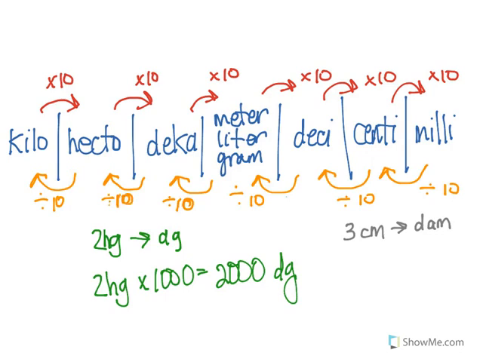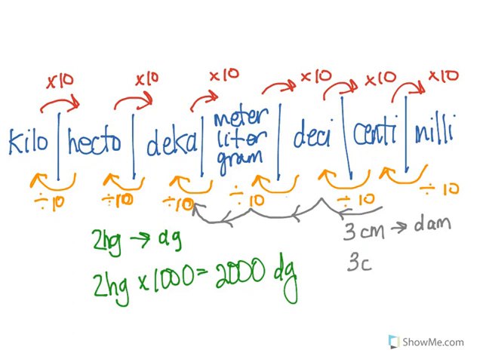All right. So if I was at 3 centimeters and I wanted to go to a decameter, let's count how many powers of 10 that is. I'm at centimeters. I'm going to go 1 power of 10, another power of 10, so that's already 100, to this power of 10, that's 1,000 because I made 3 jumps, right? That's like 3 powers of 10 because each place is 10 times greater than the place in front of it.